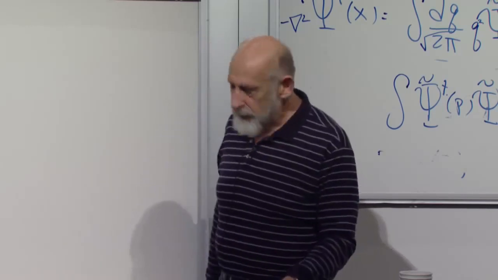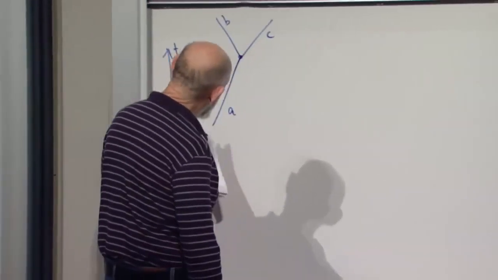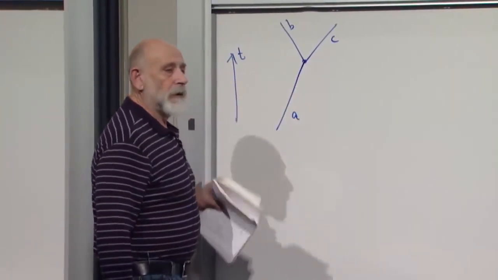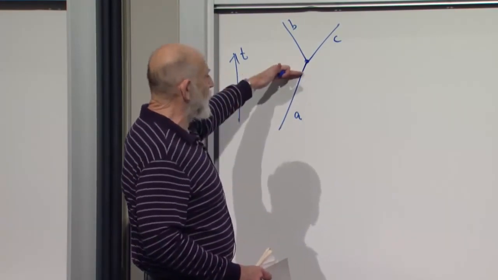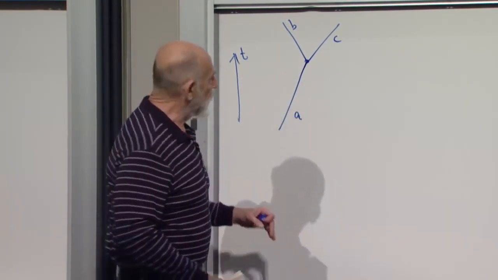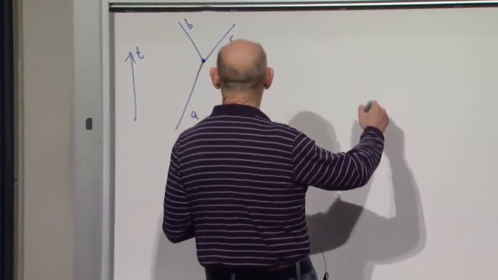What would you write down? Well, okay, so you need something to remove the A. What happens over a short period of time is an A disappears, that's an annihilation operator, and a B and a C are created. So let's try that. What kind of thing might we write down?